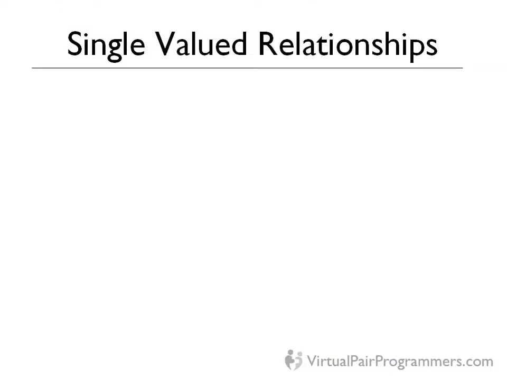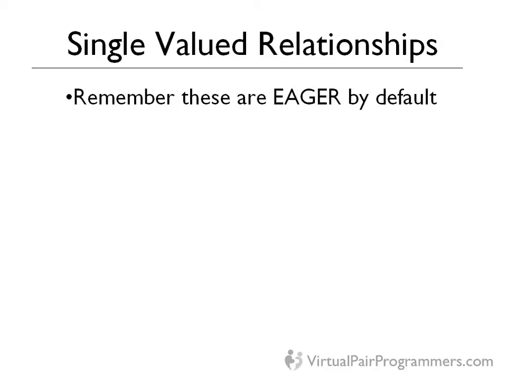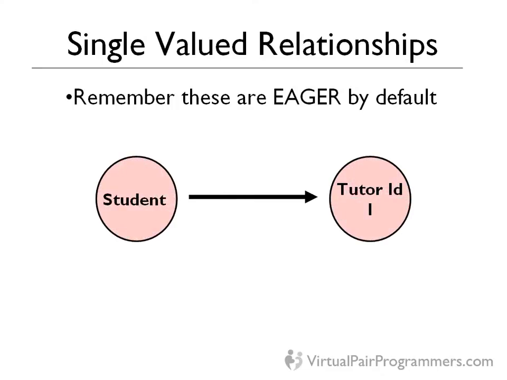So just to review that, I want you to remember that when you're working with annotations, single valued relationships are eager by default. So if you load a student, you will also get the tutor loaded, whether you wanted it or not.